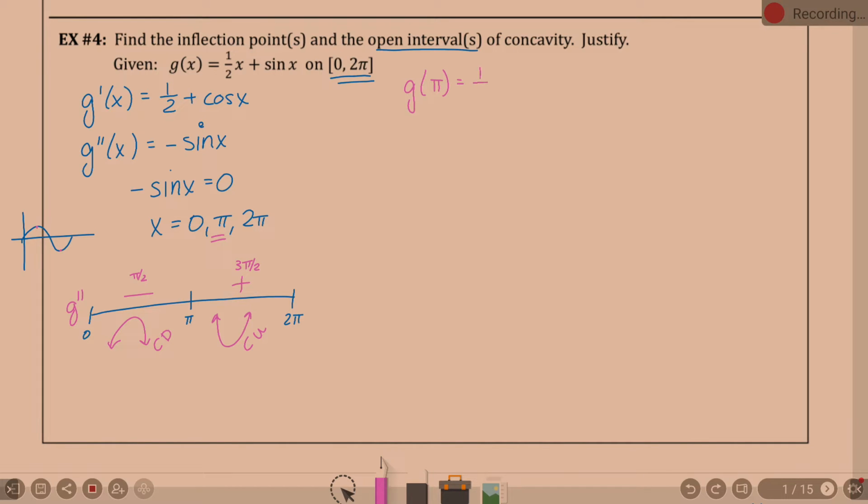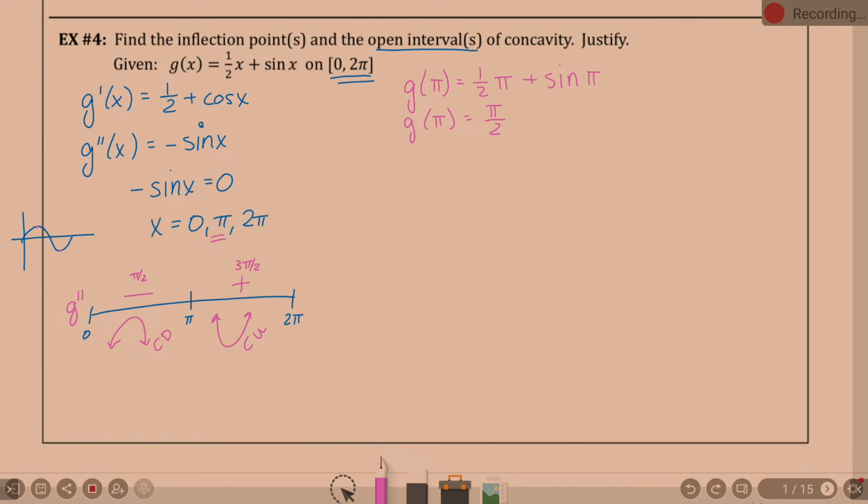So 1/2 times pi plus sine of pi. So g of pi is going to be pi over 2 plus 0. Sine of pi is just 0, right? So I would just write that as pi over 2.